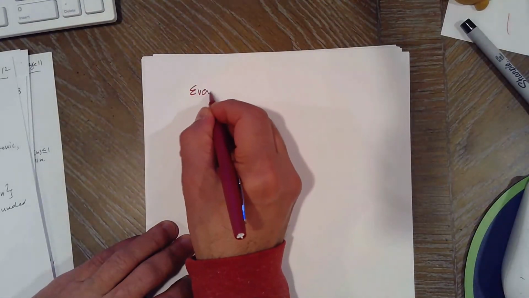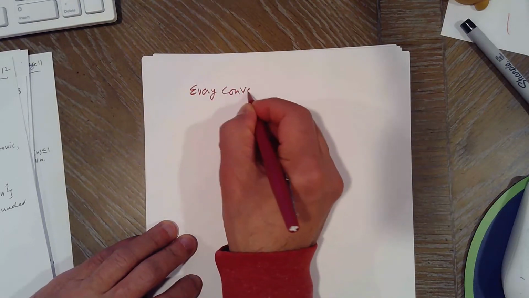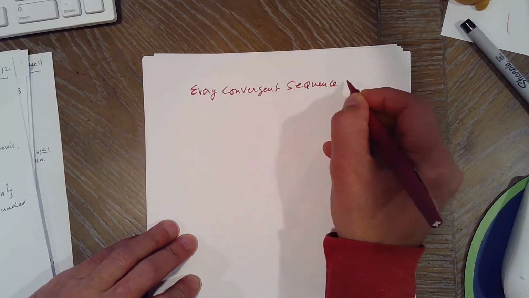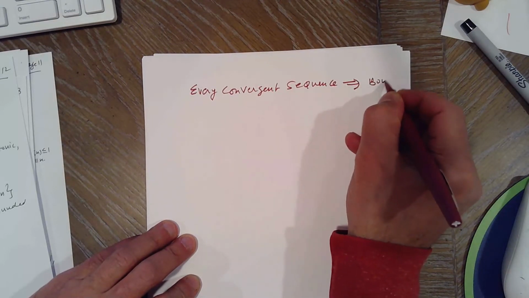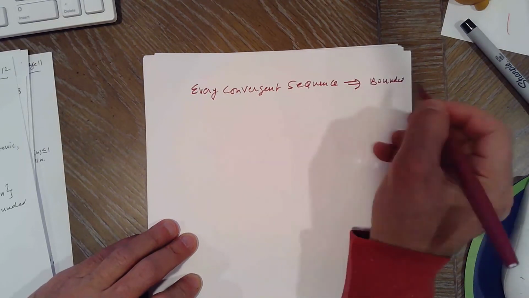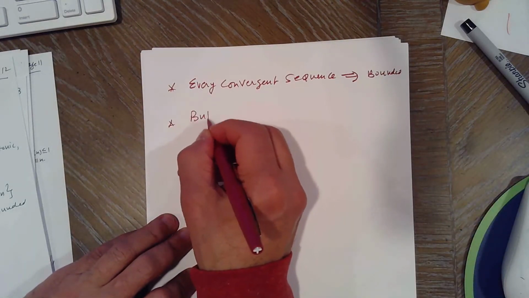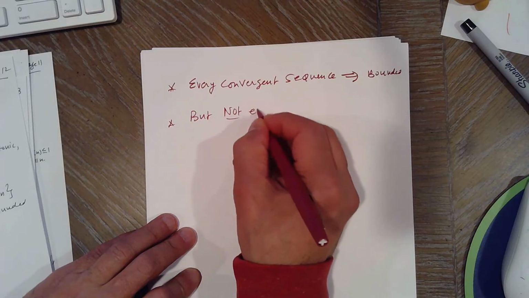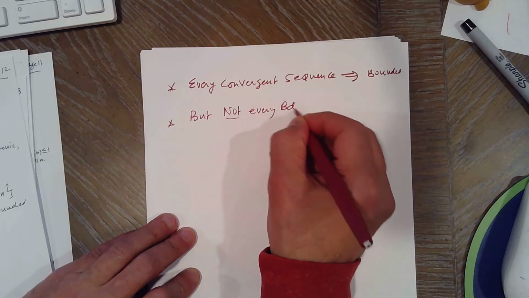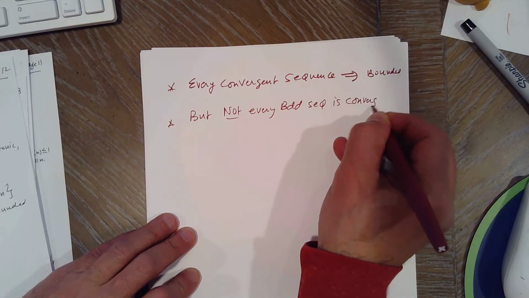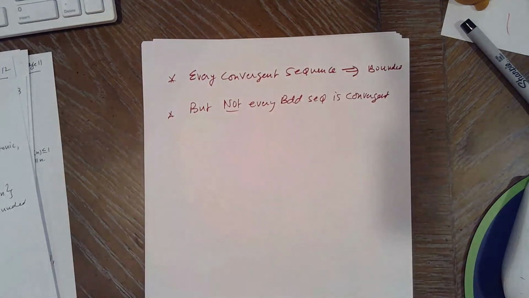Now we know that every convergent sequence is bounded. So if you know it's convergent, it's bounded. But not every bounded sequence is convergent. So if you know it's bounded, it's not enough to be convergent.